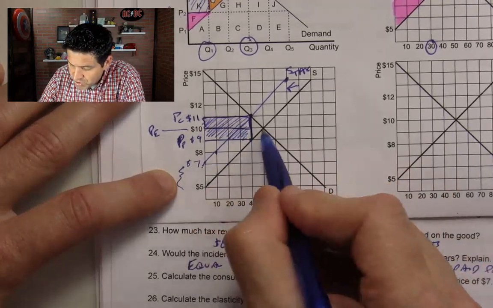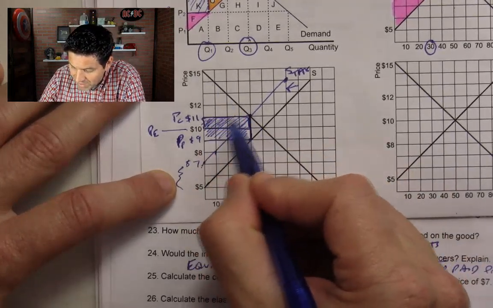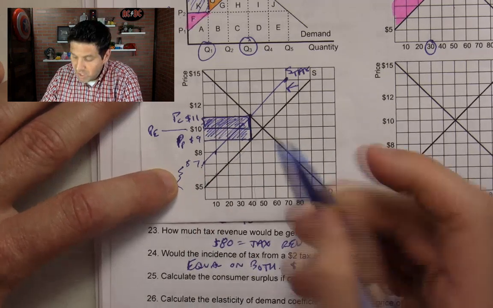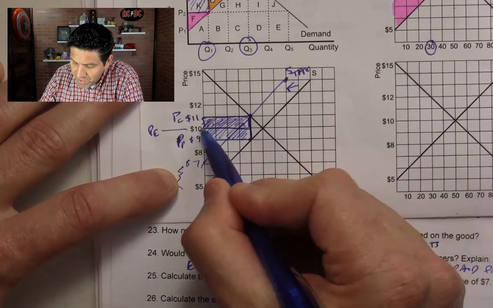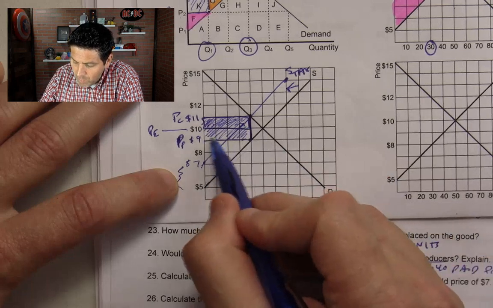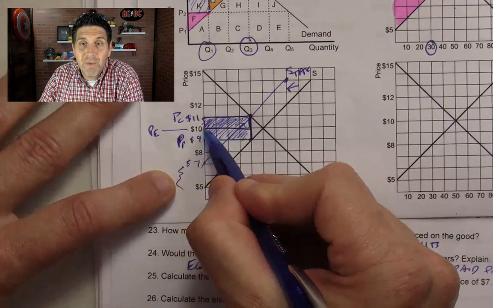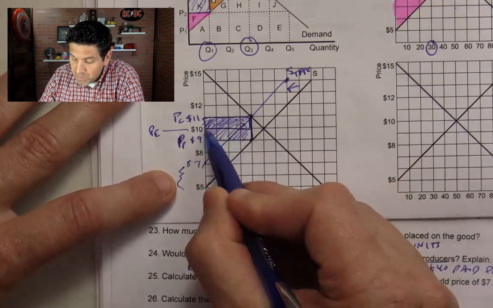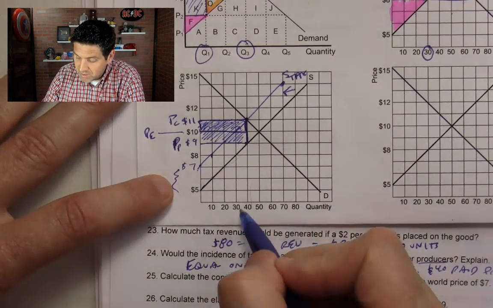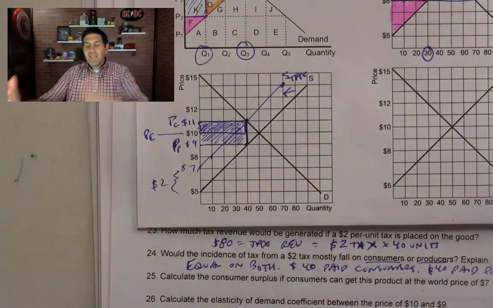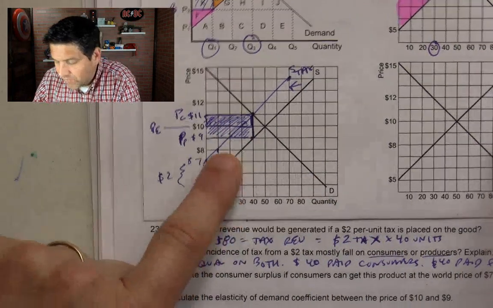Remember, consumer surplus used to be all this, but it got dug into by the amount of this tax wedge. So this top portion above the equilibrium price is paid by consumers. Below it is paid by producers. Remember, producers used to get $10, and now they're only getting $9, so they're getting $1 less times 40 units. So in this case, the way that I did it, you can tell that it's shared by both.